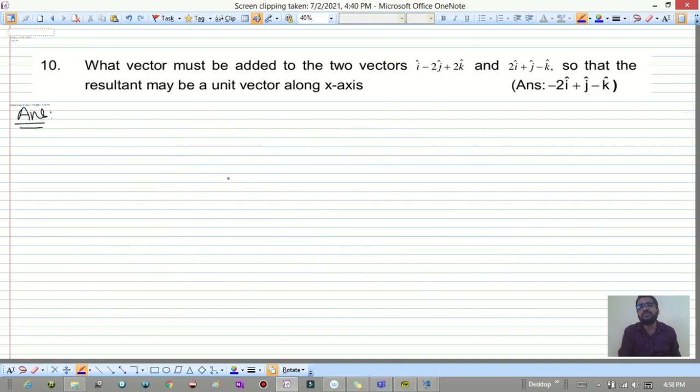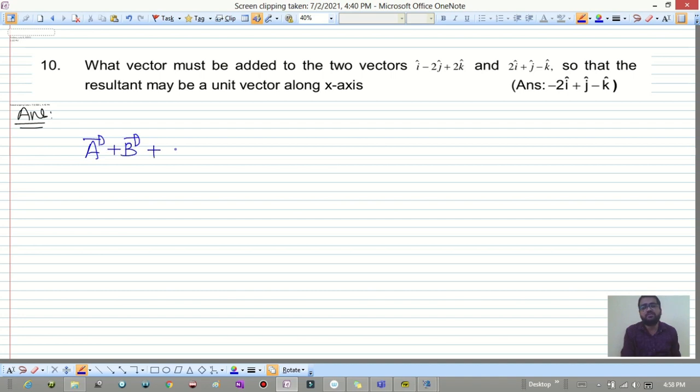Now the last question, what vector must be added to the two vectors, that is i hat minus 2j hat plus 2k hat and 2i hat plus j hat minus k hat, so that resultant may be a unit vector along x-axis. So two vectors are given, a bar plus b bar.